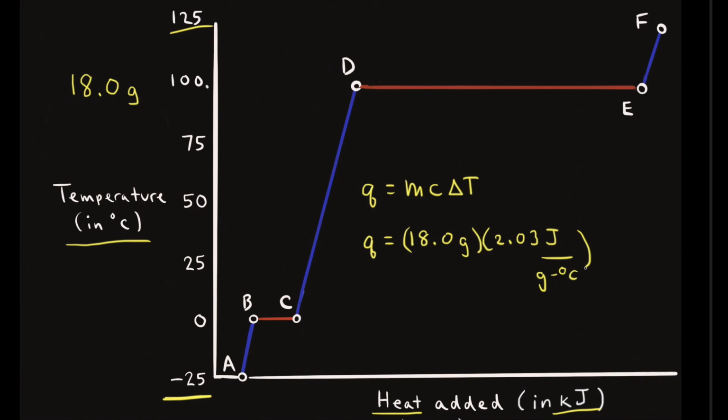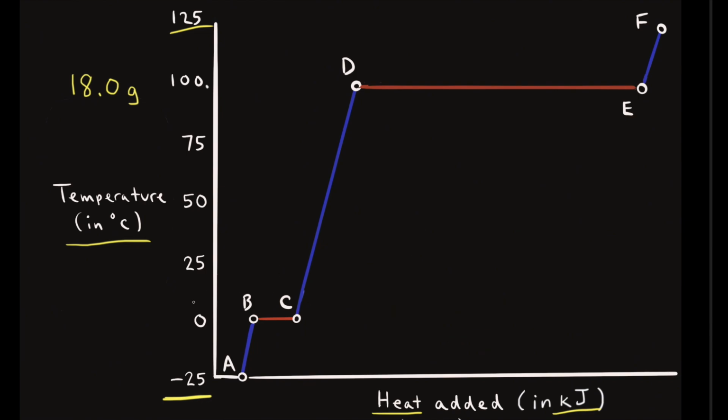So 0 minus negative 25 gives us positive 25 degrees Celsius. So grams will cancel out, degrees Celsius cancels out, and this gives us Q is equal to 9.1 times 10 to the second joules, to two significant figures, or we could also write 0.91 kilojoules.